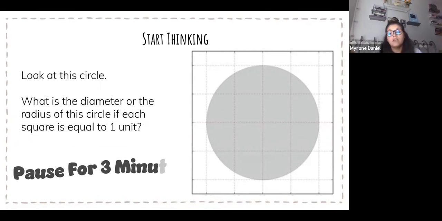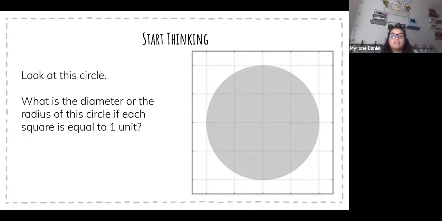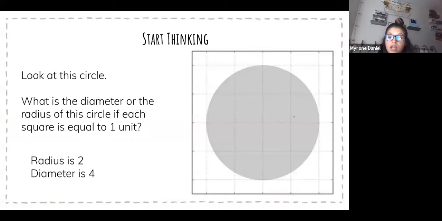So pause the video to answer this question for 2 minutes. Okay, so now that you possibly found the diameter and the radius of the circle, you should have gotten something like this. The radius is 2 and the diameter is 4, and we know that because it goes 1, 2 from the center outward, and we go 1, 2, 3, 4 to find the diameter of the whole circle.